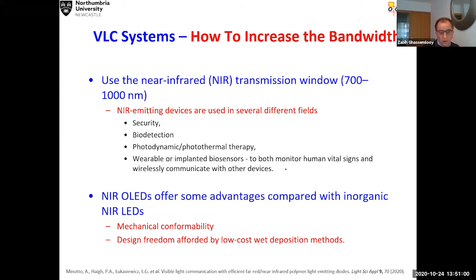OLED devices have features in the near infrared that are better than in the visible range in terms of the mechanical aspects and the way they are deposited and fabricated. If you want, there is a paper just published in April by colleagues from UCL. Go and have a look at it.